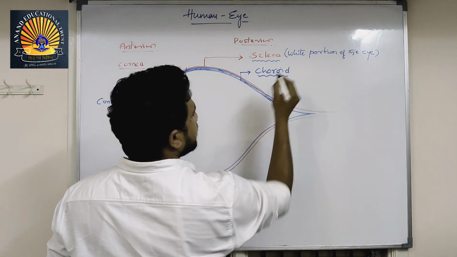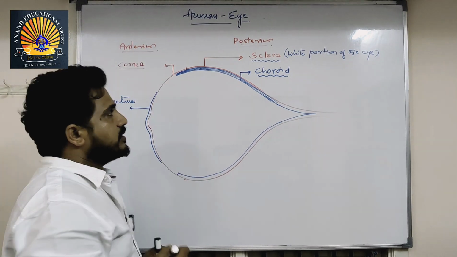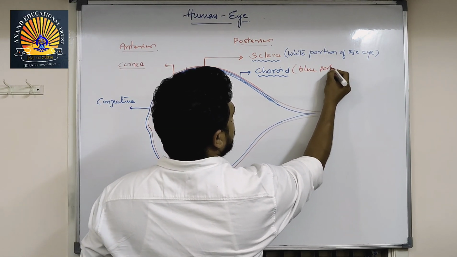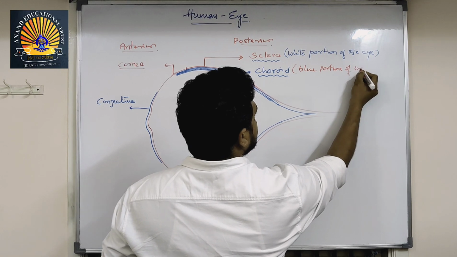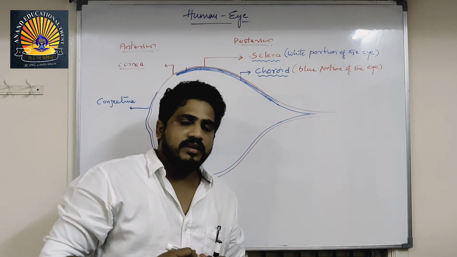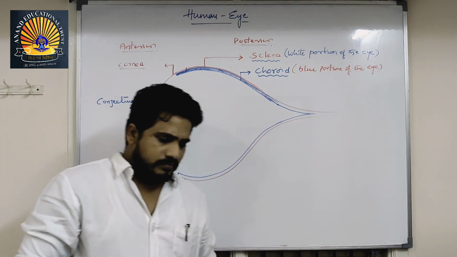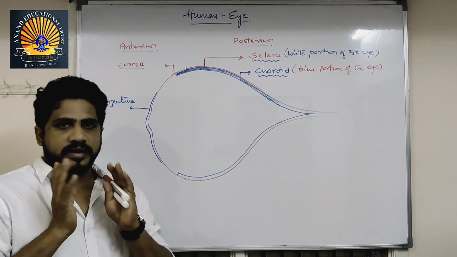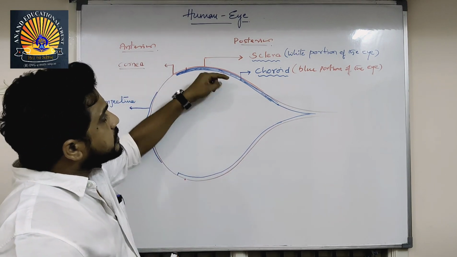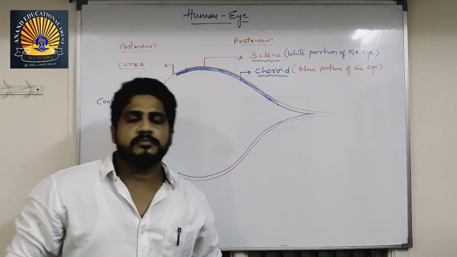As I said, sclera is the white portion of the eye and choroid is the blue portion of the eye. Don't confuse; I didn't say that the eye is blue in color. In every person, whether your eye color is brown, black, or different shades, the choroid is blue in color, but the blue lies below the white. As white dominates the blue, we cannot observe it.